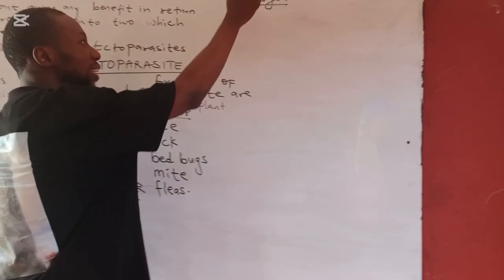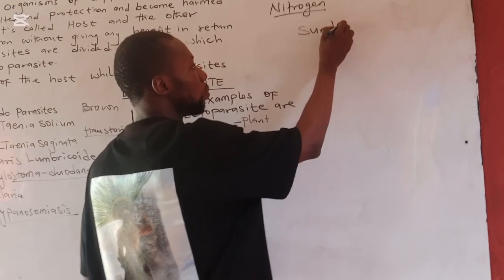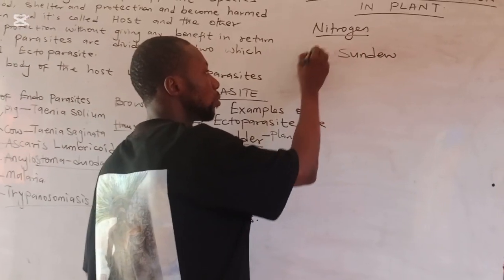Now, examples of these carnivorous plants are: we have sundew.